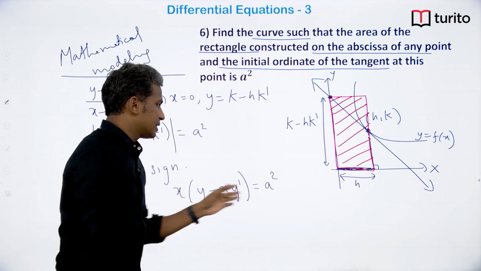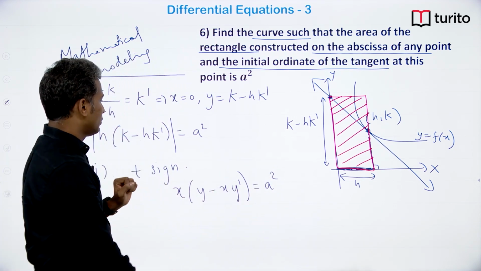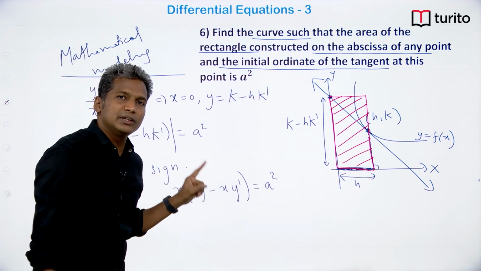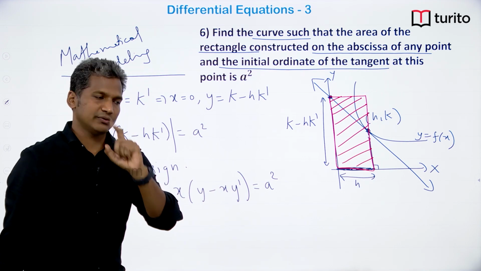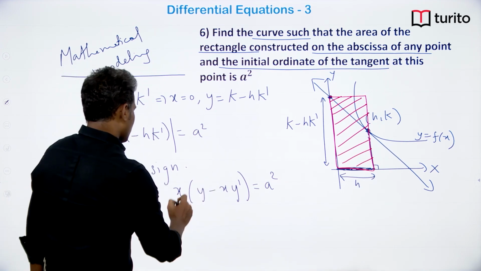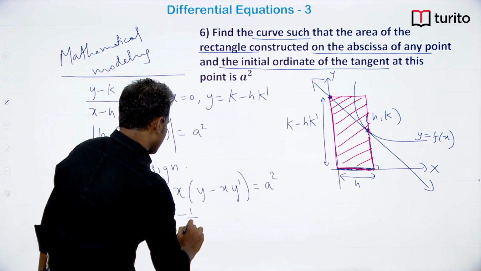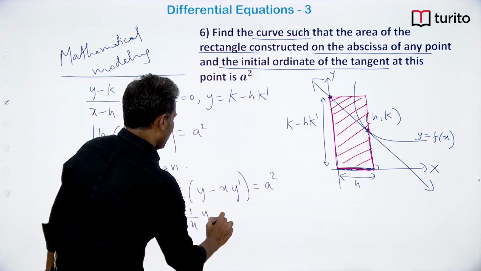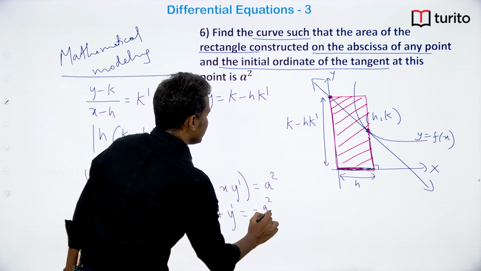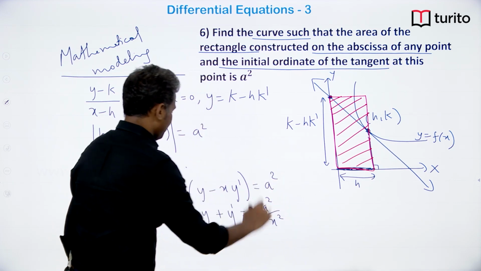What is the best way to solve this? We have to make sure that coefficient of y dash is always plus 1. So we have to divide with minus x square. That will give us minus 1 by x into y plus y dash is equal to minus a square by x square.